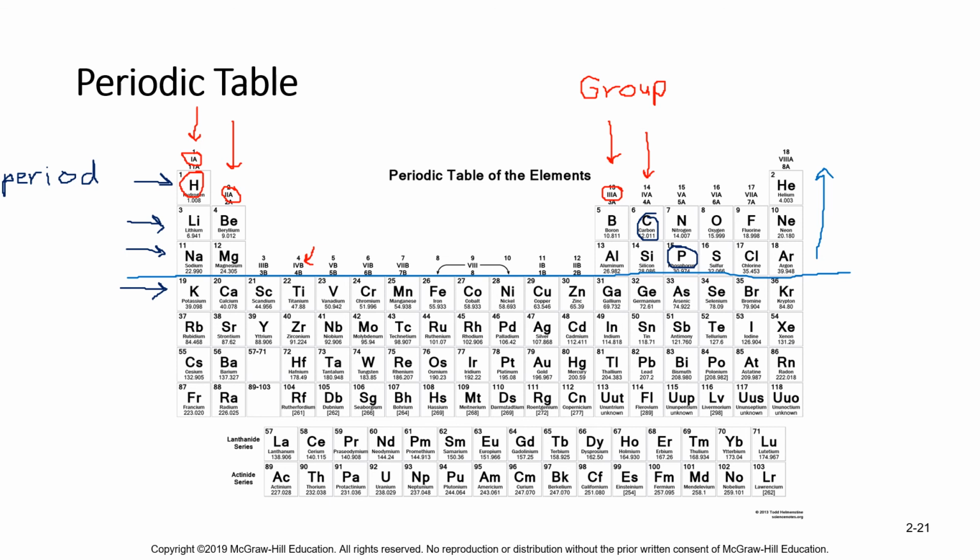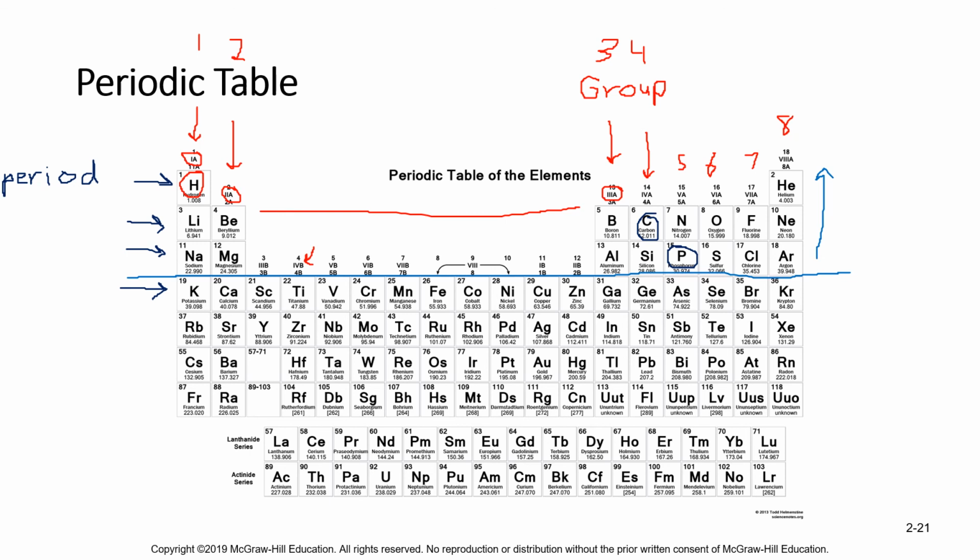But they skip all this mess in the middle. So this is group 1, this is group 2, this is group 3, 4, 5, 6, 7, and 8.